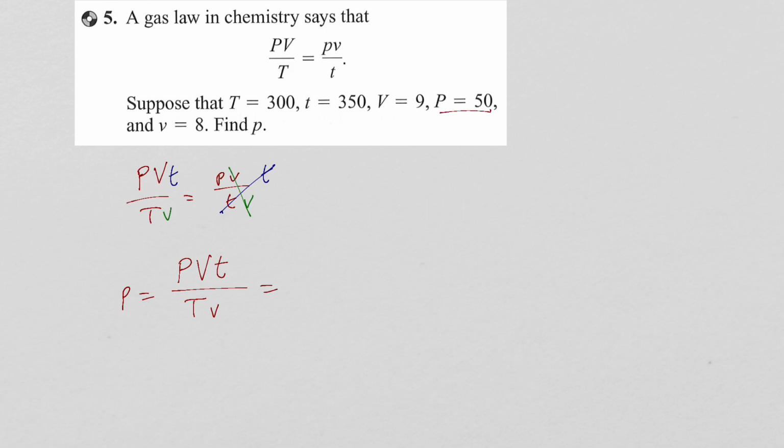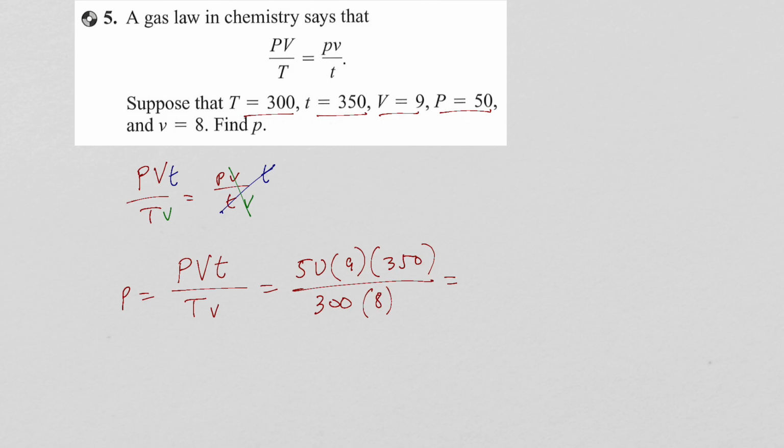P is 50, V is 9, little t is 350, over big T is 300, and little v is 8.